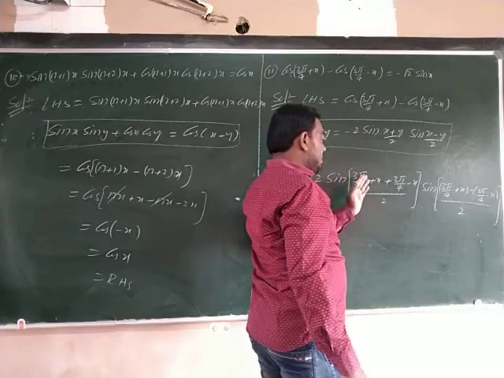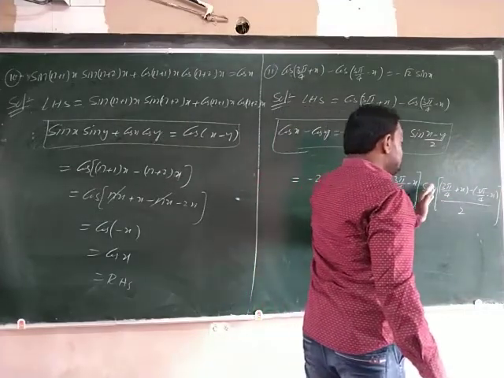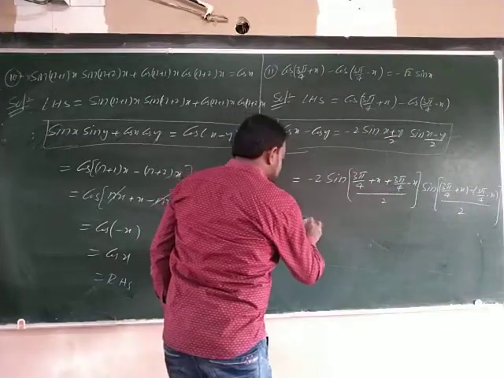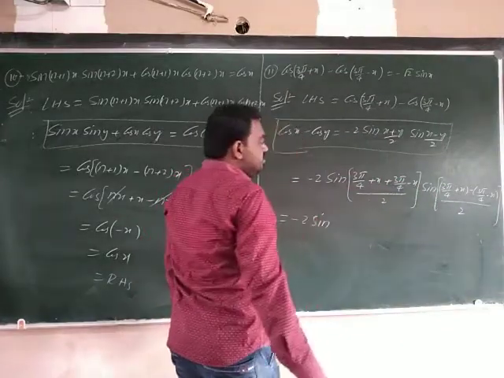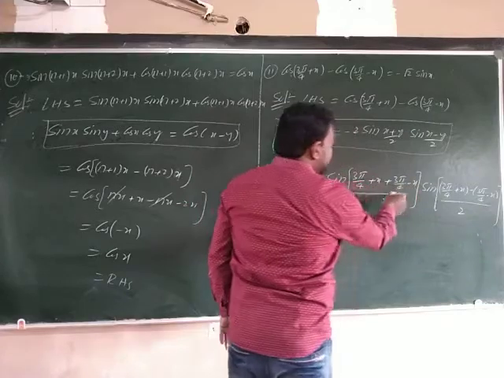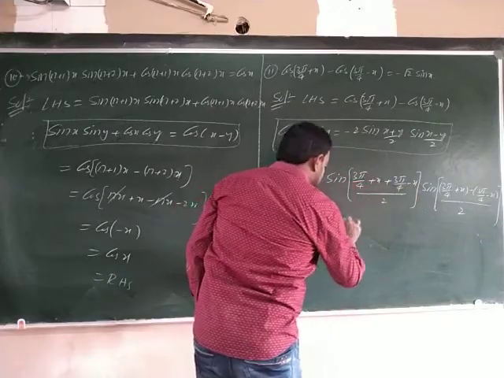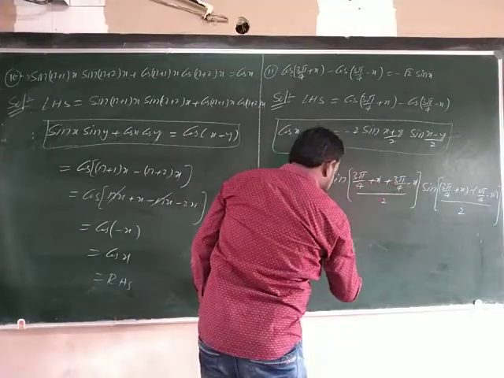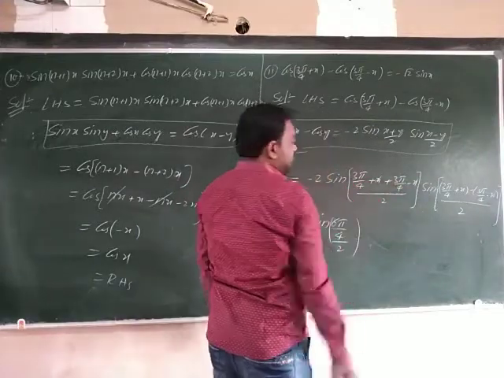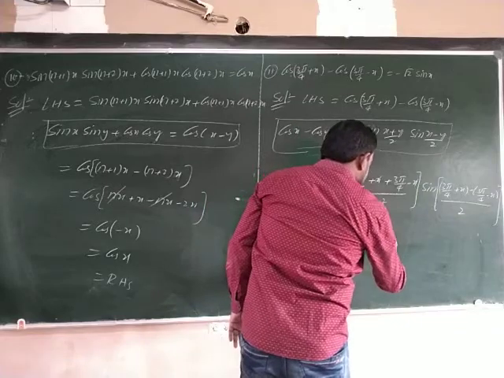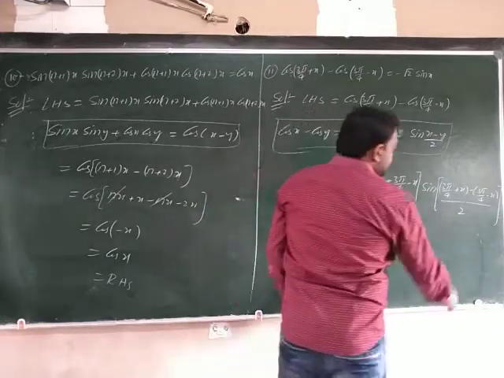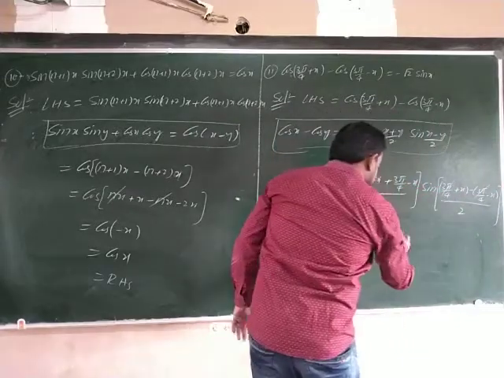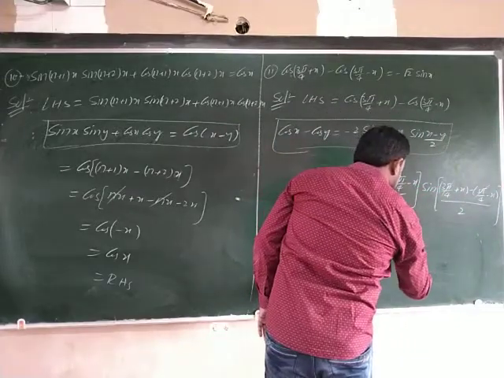So this is equal to minus 2 sin of 3 pi by 4 plus 3 pi by 4, total 6 pi by 4, plus x minus x gets cancelled, by 2. Next, in the sin, 3 pi by 4 and 3 pi by 4 get cancelled, x plus x is 2x by 2.